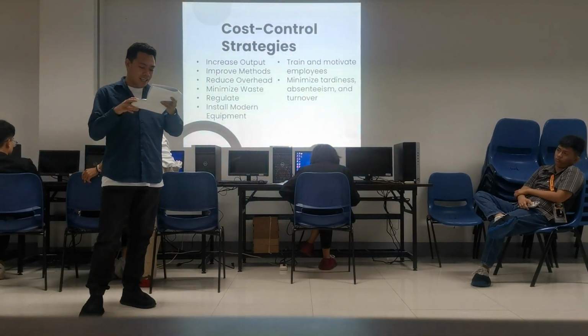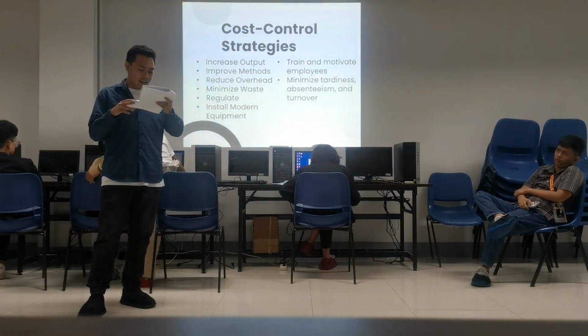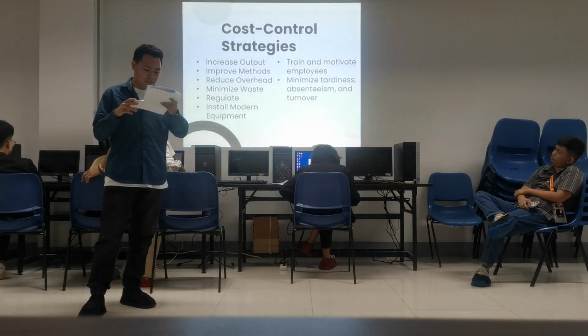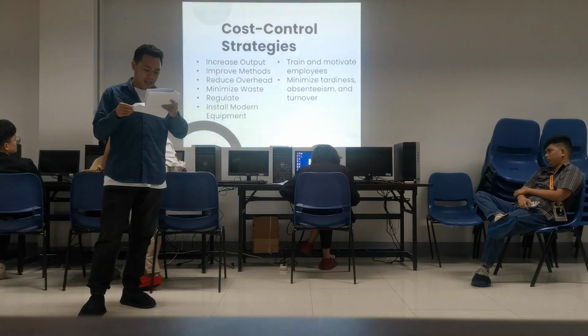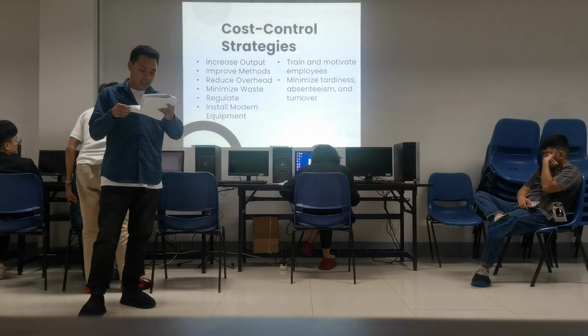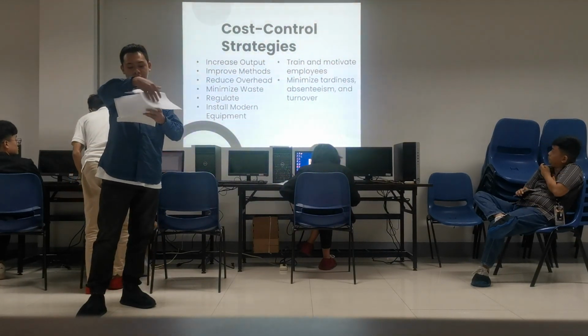Next, reduce overhead. So, overhead includes such things like rent, utilities, staff support, company cafeteria, janitorial services, and other indirect expenses.